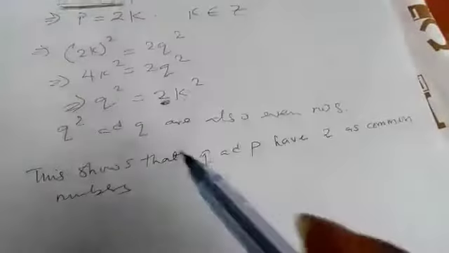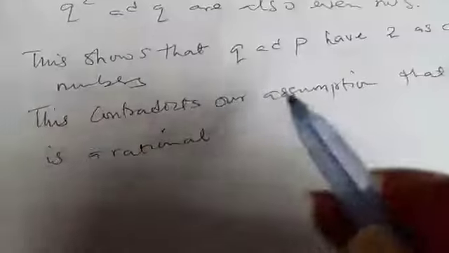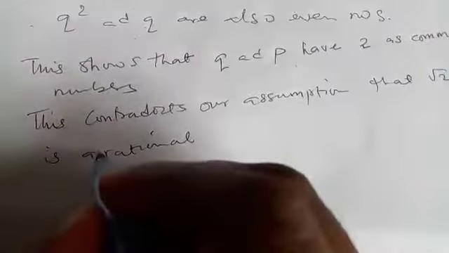But what we have shown here is that they have 2 in common, since they are both even numbers. 2 can go into both at the same time. So that simply means that it contradicts our assumption that square root of 2 is rational.